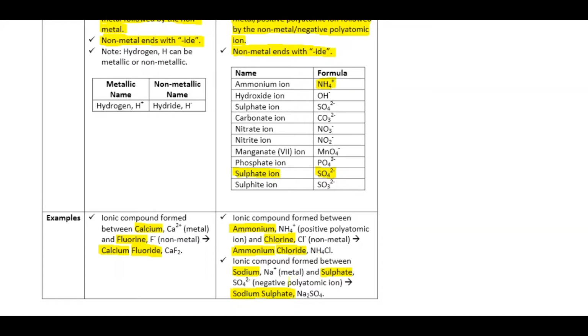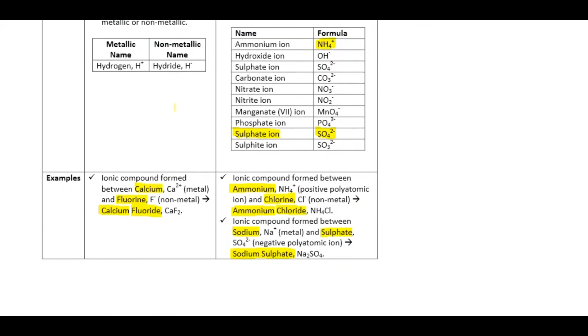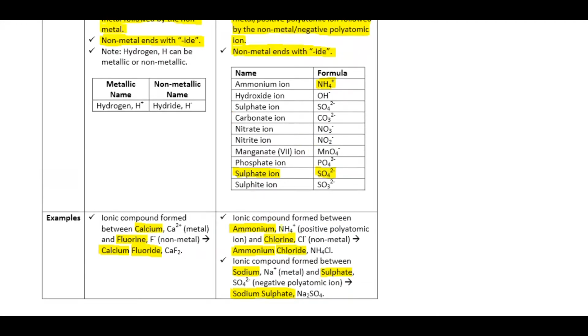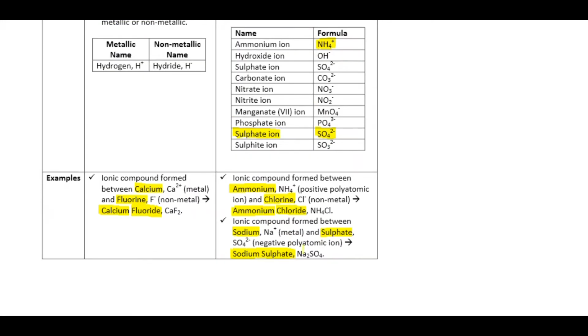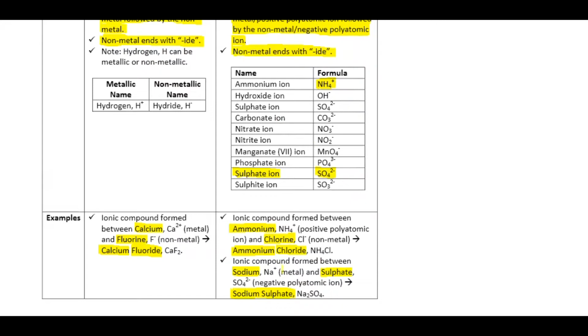Okay, so it is not a non-metal. In the previous example of ammonium chloride, chlorine is a non-metal, so you actually have to end it with -ide, same as the previous rules that I've talked about. But in this case of sodium sulfate, the sulfate is not a non-metal, but it's a negative polyatomic ion, so we will name it as given in the table above, which is a sulfate ion.